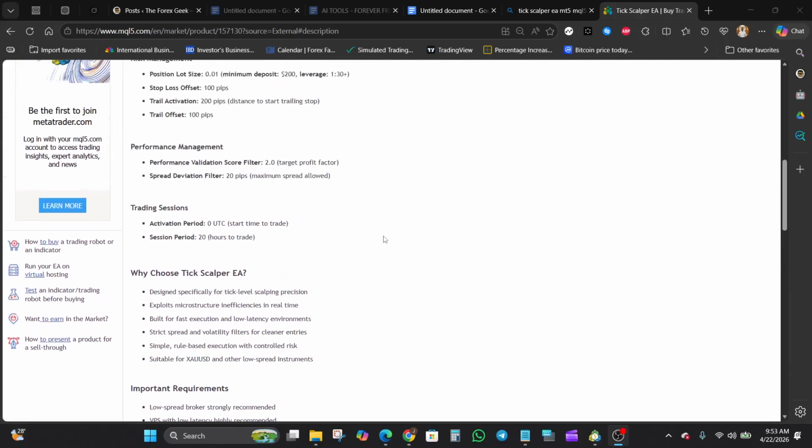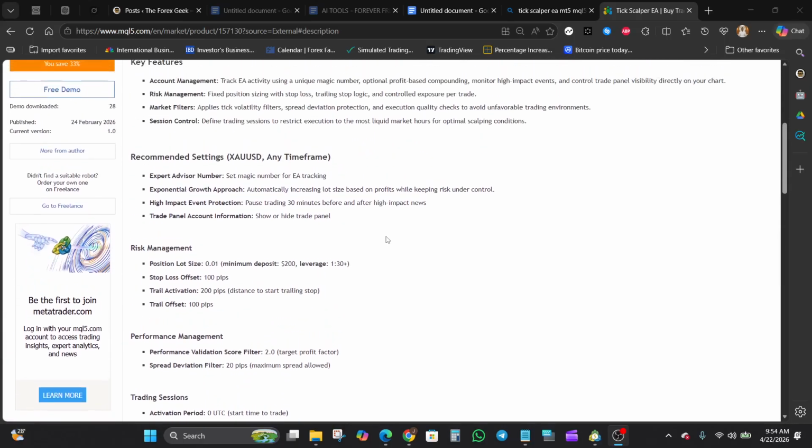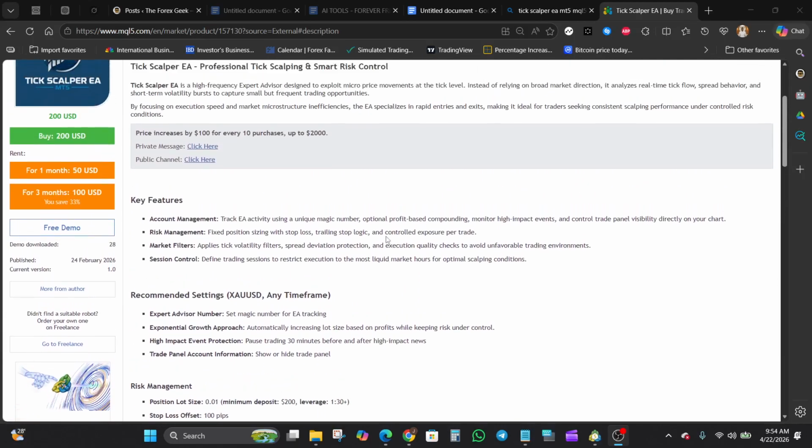Okay, now let's just go over some of the features and, more importantly, what they actually mean in practice. First, we have the tick based analysis. So instead of relying on traditional indicators alone, this EA is analyzing price movement at the tick level, basically every small price change. So this allows it to react very quickly to short-term opportunities.